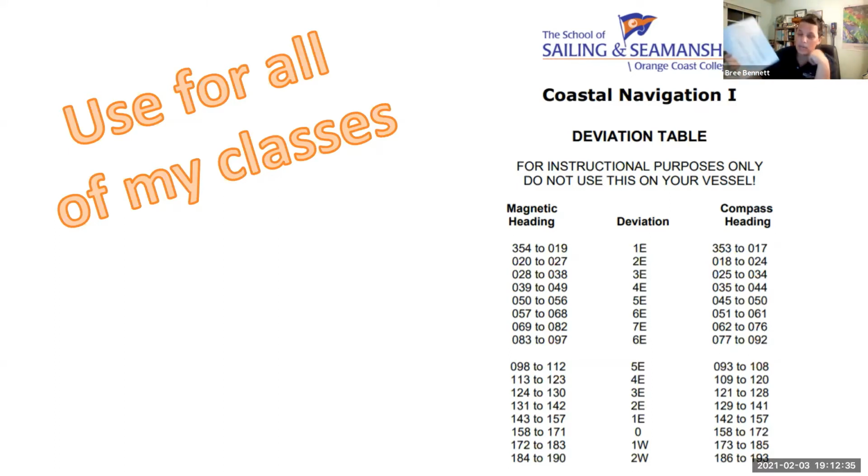Pretty much any class at OCC, except for US Coast Guard classes. The US Coast Guard has their own deviation tables that they use for each problem. So keep that in mind. Your deviation table is going to be different on board your vessel. Your deviation table is going to be different for your Coast Guard classes. But for OCC, this is our deviation table that we use.